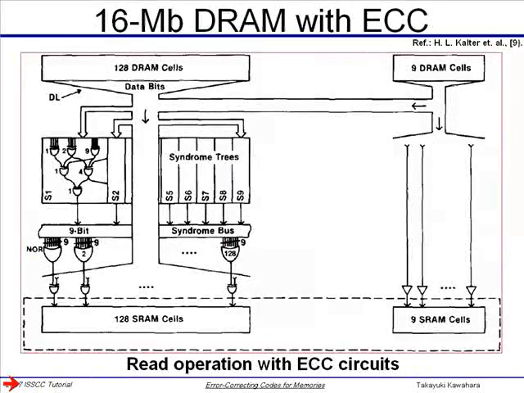And this is a famous paper from IBM, a 16 megabit DRAM with ECC. This is a very large code, used to calculate the syndrome and then read out the corrected data in the 16 megabit.